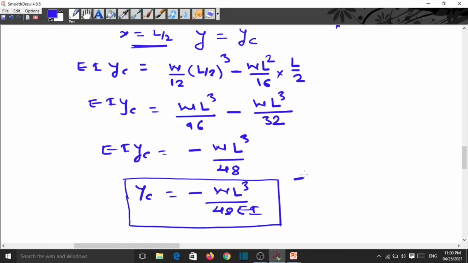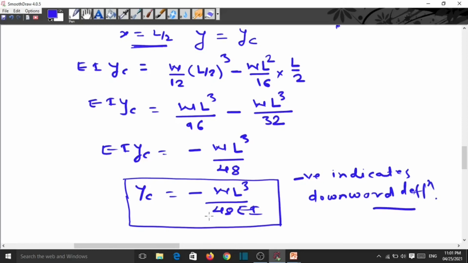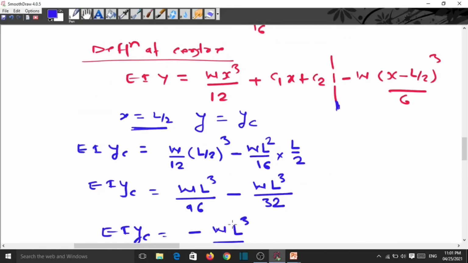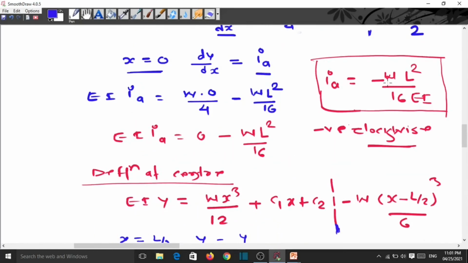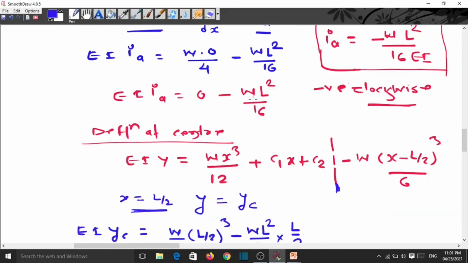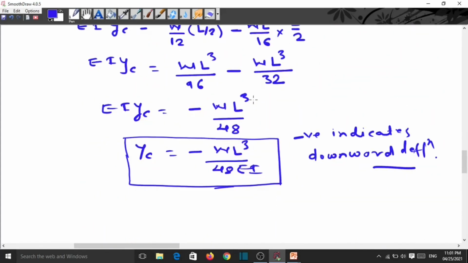And this negative value indicates downward deflection. So this is the answer. The deflection at center is WL cube by 48 EI, and the slope is WL square upon 16 EI. Thank you.